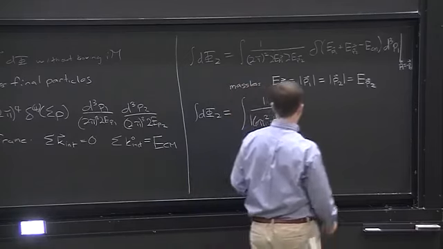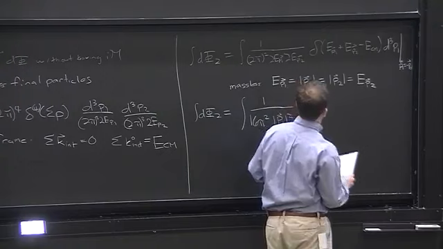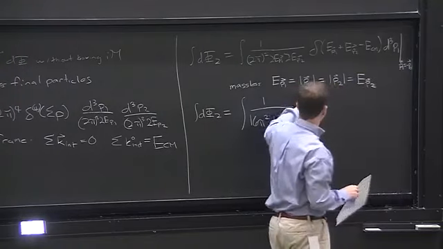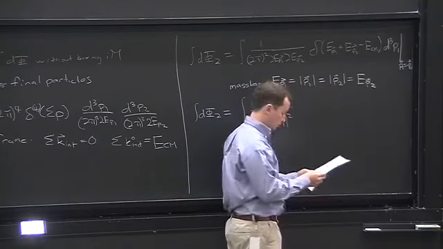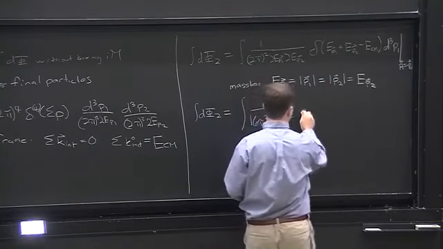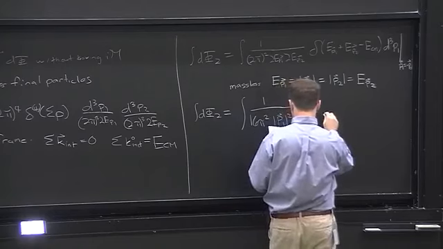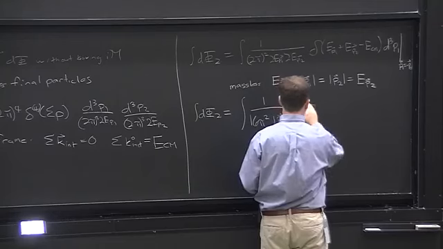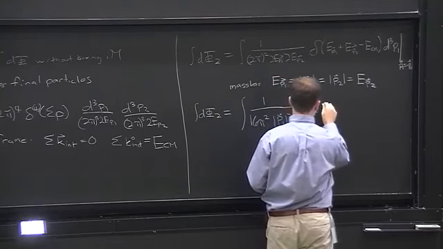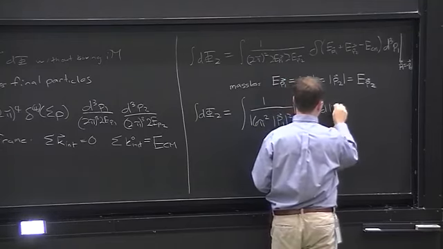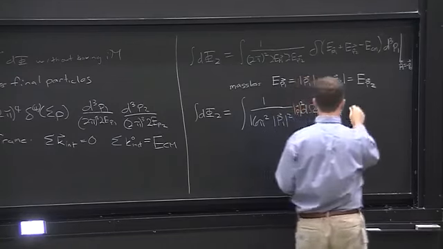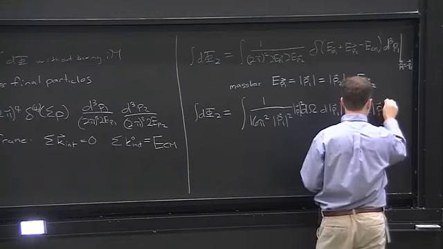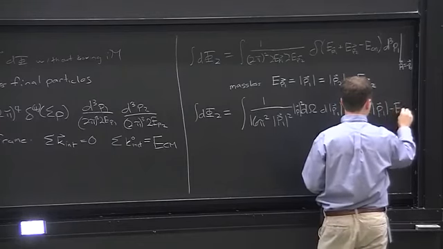We can go to spherical coordinates. It's useful because we have information about the magnitude, but not about the angle. So we have P1 squared d omega dP1, and we still have our delta now of 2 P1 minus ECM.